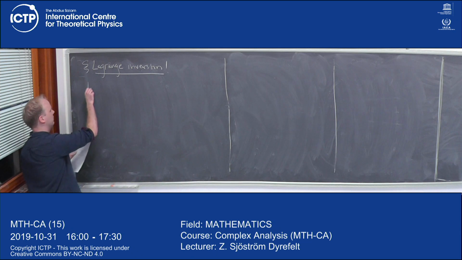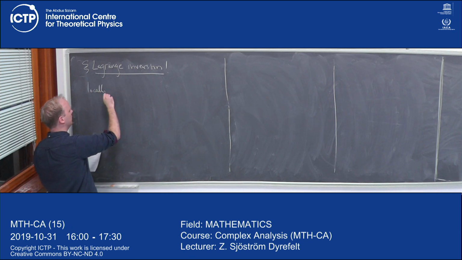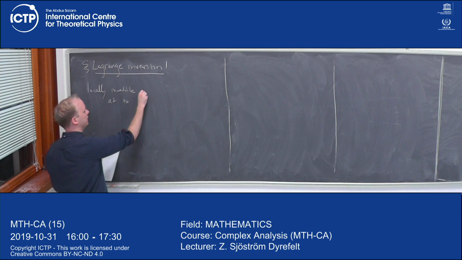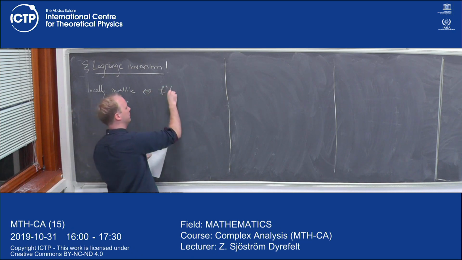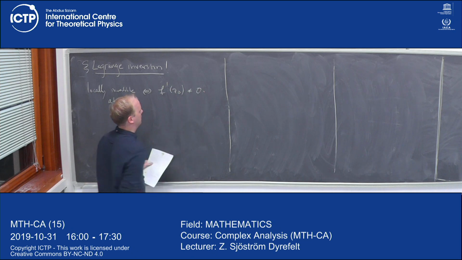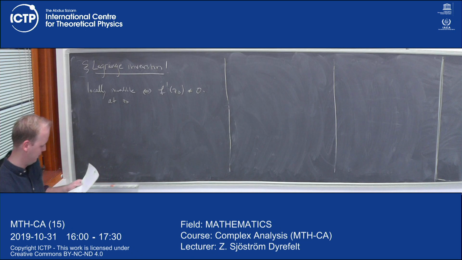Let's recall it and put it on the board. So f is locally invertible at z0 if and only if f prime of z0 is non-zero. And f is, of course, an analytic function. This is assumed, I'm not always writing this.